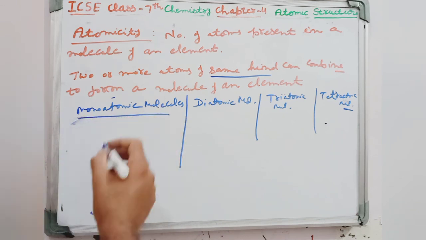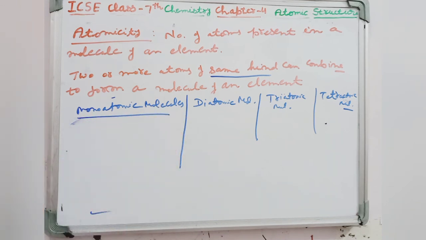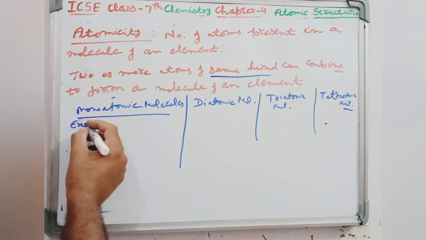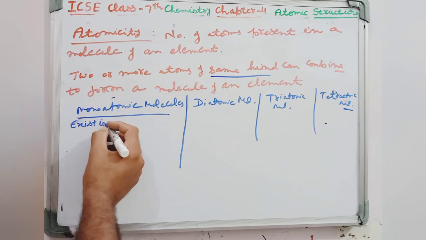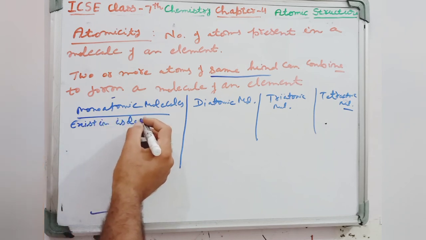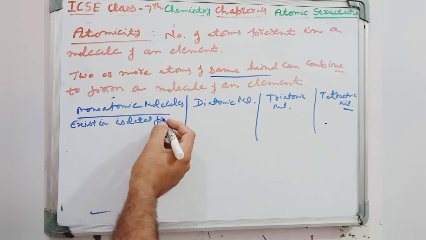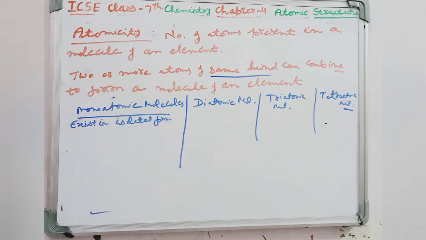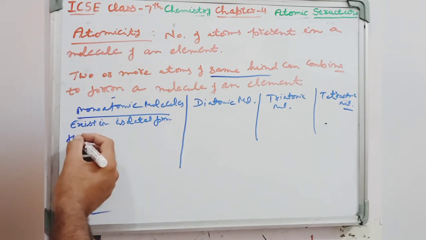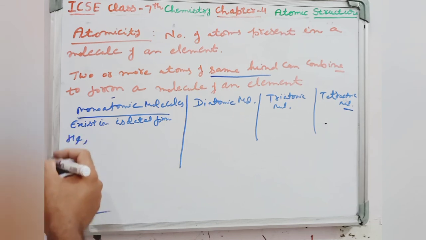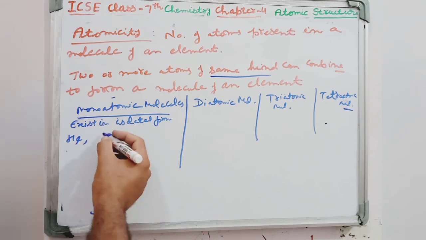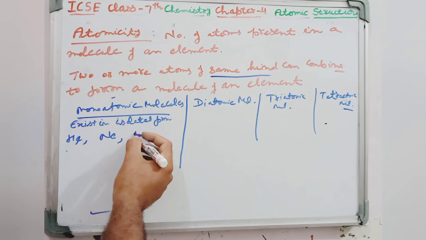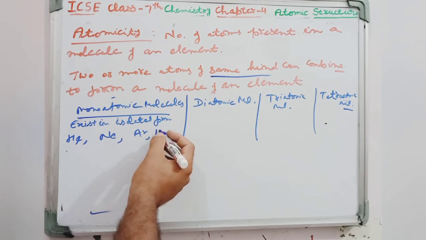Now these monatomic molecules exist in isolated form. They remain isolated. Examples are helium, He, neon, Ne, argon, Ar, and krypton, Kr.